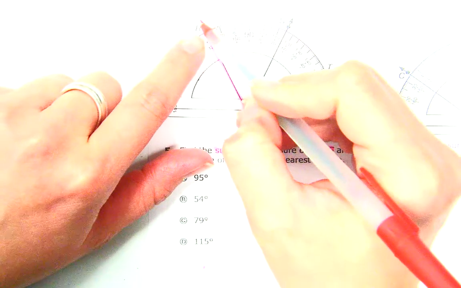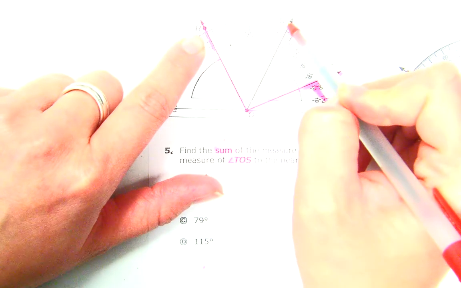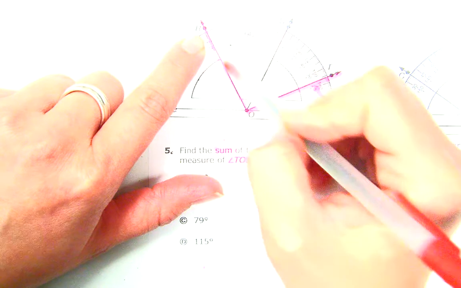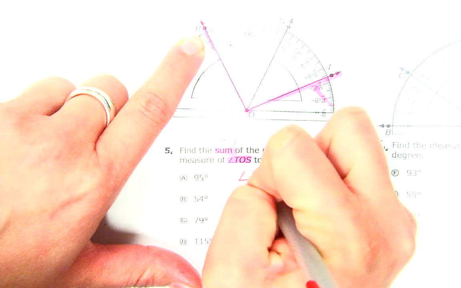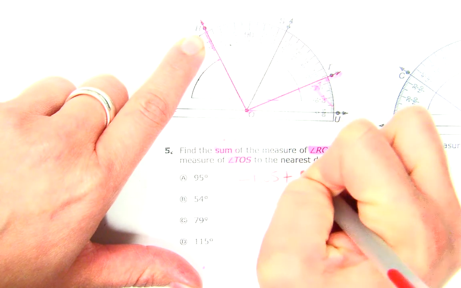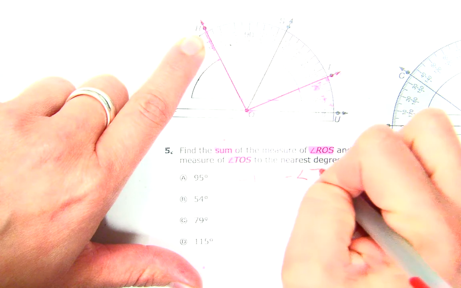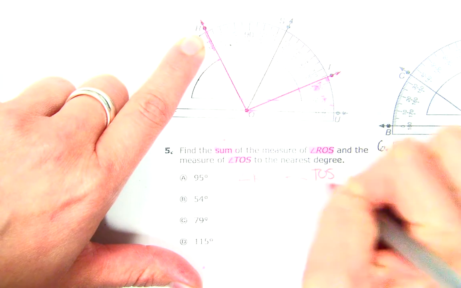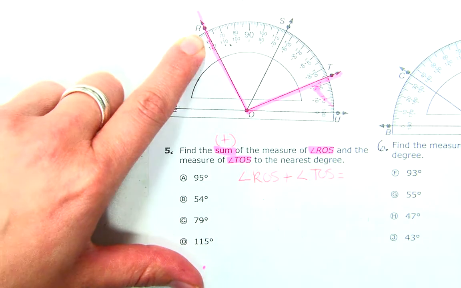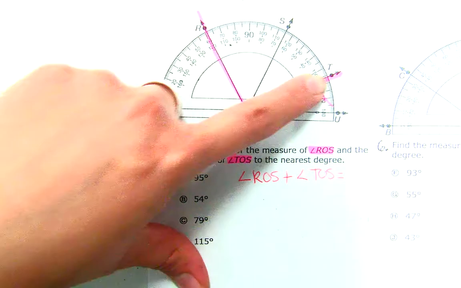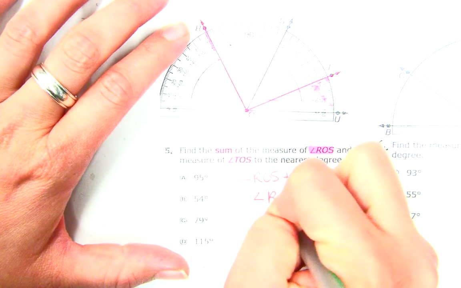Now, as you can see, ROS was my first part, and angle ROS plus angle TOS, or SOT, is going to equal, as we can see in the picture, angle ROT.